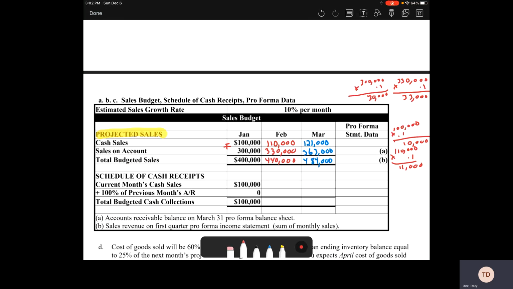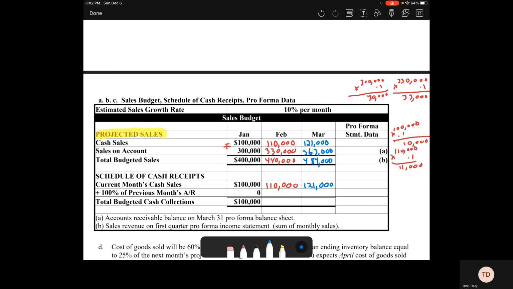So they're asking us, how much are we actually going to bring in cash during these first 3 months? So we have our current month's cash sales. That's 100,000 for January, 110,000 for February, and it's 121,000 for March.